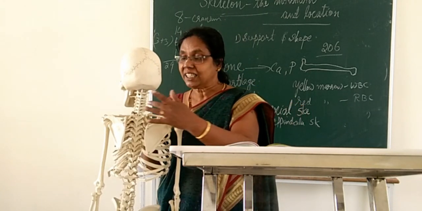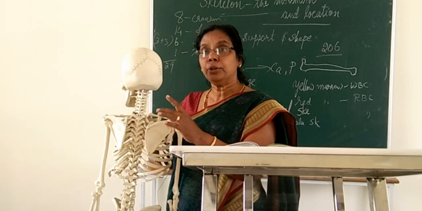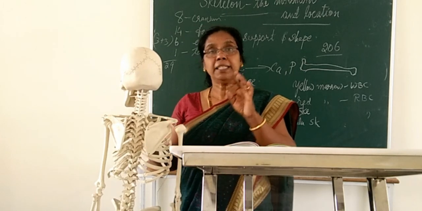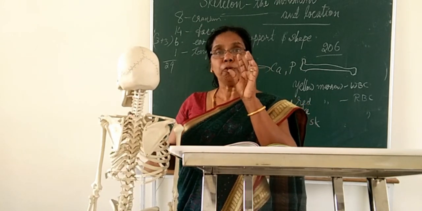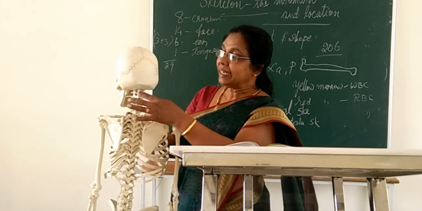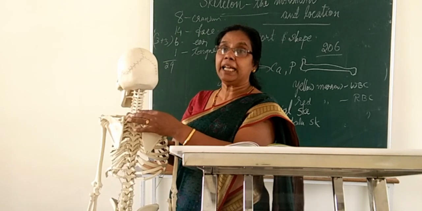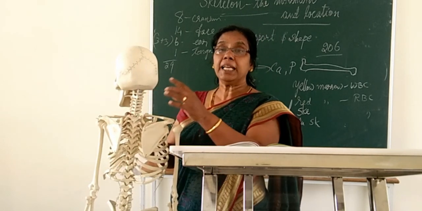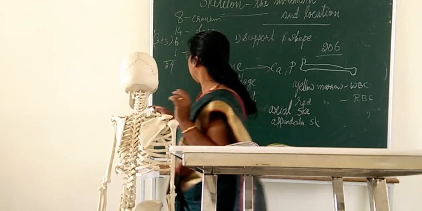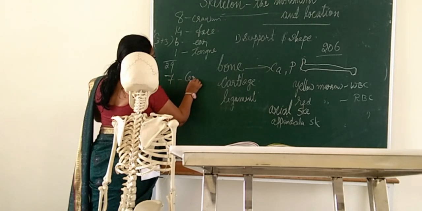So these 33 vertebrae are divided into 5 groups on the basis of what? Yes, on the basis of the place where they occupy. In the neck region there are 7 vertebrae, called cervical vertebrae.